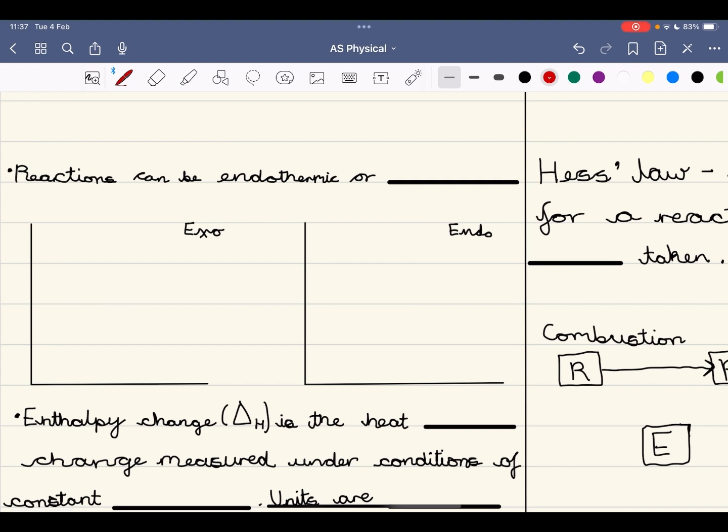Reactions can either be endothermic or exothermic. So if your reaction is exothermic, it means that the products have less energy than the reactants. And then if your reaction is endothermic, it means that the products have more energy than the reactants, so it takes in energy.